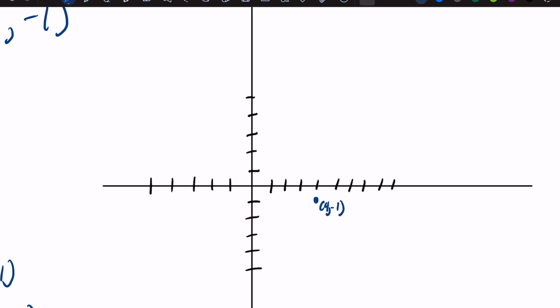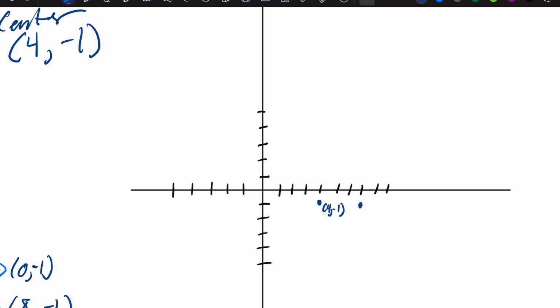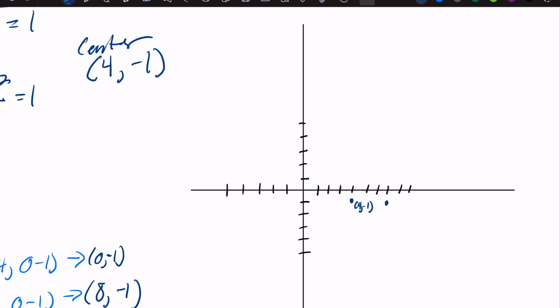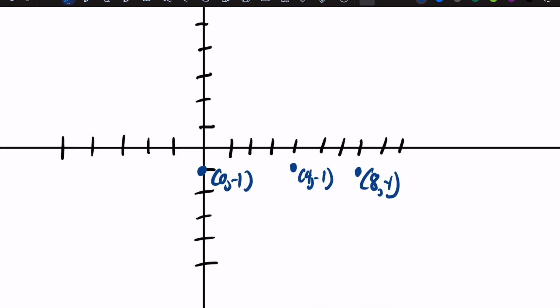Then we have our vertices, one at 8 and the other at 0 minus 1. So this is 0 minus 1. This is 8 minus 1. And then here we have our focus, which will be at 9 minus 1. And the other one will be at negative 1, negative 1. Here's our other focus point.